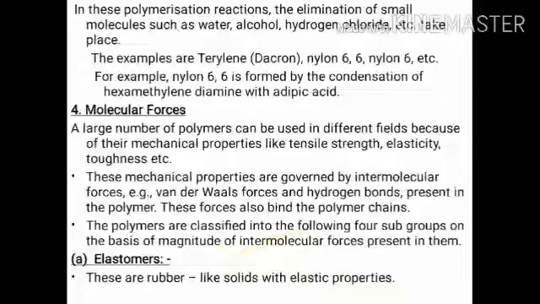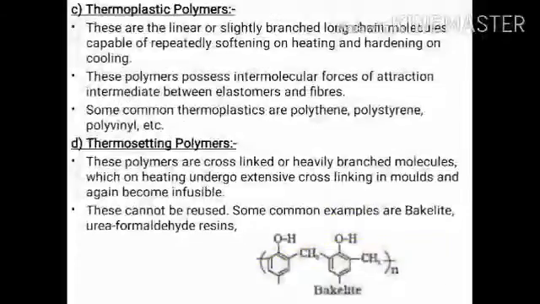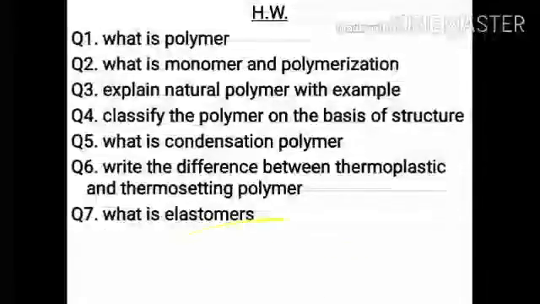These forces also bind the polymer chains. The polymers are classified into four subgroups on the basis of the magnitude of the intermolecular force present in them. First is elastomer, second is fiber, third is thermoplastic polymer, and next is thermosetting polymer.